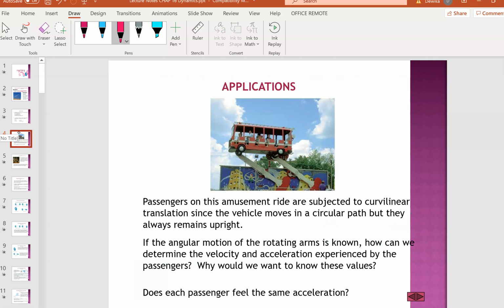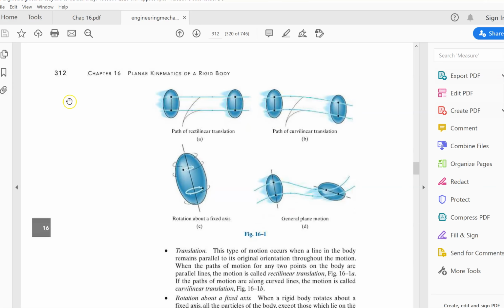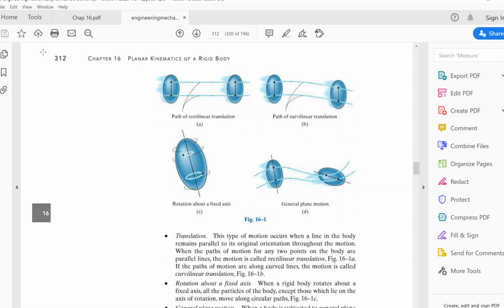Now, if you look at your textbook, there's a nice picture they have shown on page 320. The newer book is on page 320; my digital book is on 312 because it's an older edition. This is the picture I'm telling you to refer to.